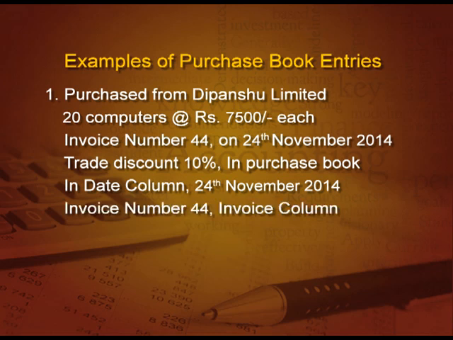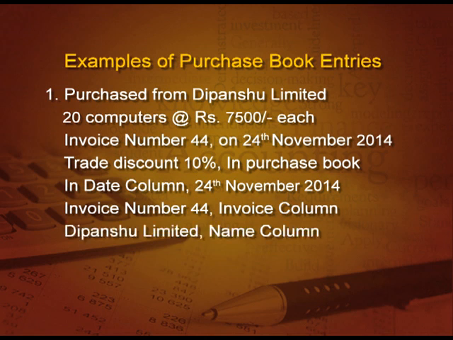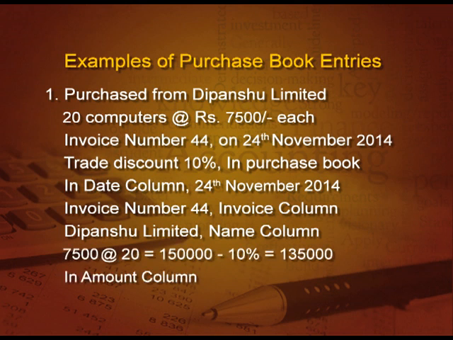Then, in the invoice column, we will write 44, and in the name column, we will write Dipanshu Limited, the name of the supplier, and in the amount column, we are going to write 7,500 into 20, 1,50,000 minus 10% discount 15,000. The net amount 1,35,000 will be there in the amount column. Please note, ledger folio will come after the posting in the supplier account, that is Dipanshu Limited.